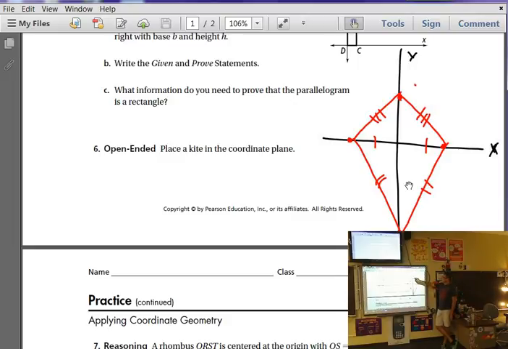So if I make this some value of A, what should I make this? Yeah, something that doesn't have A. So let's go B. Then what would you think about my side points, my left and right points? C and negative C. And of course we could assign the Y values or the X values that are zeros there. But this would just be 0A. This would be C0. That would be negative C0. And that would be 0B.